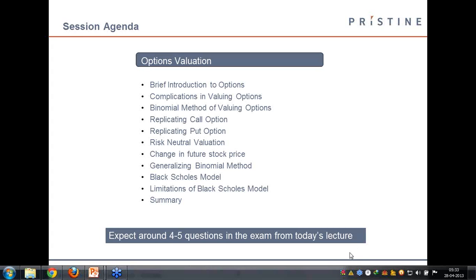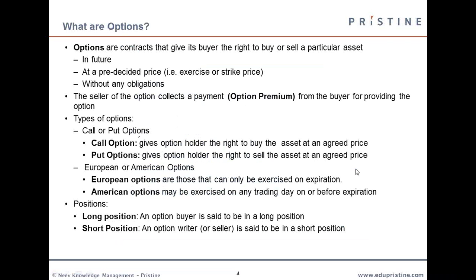The first is the replicating portfolio method, wherein we try to replicate the options using a portfolio. And the second is the risk neutral valuation method. We'll go through all this and we'll see the change in future stock price effect on the value. And then we'll move on to the next method, slightly more complex while being more accurate, the Black-Scholes model. Then we'll discuss the limitations of it, and then we'll have the summary. So let's proceed forward.